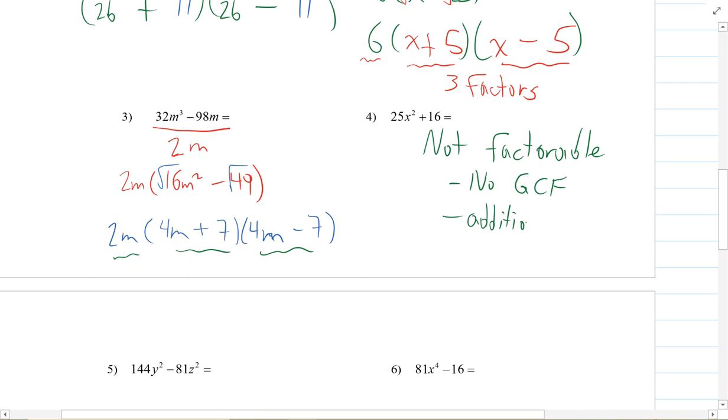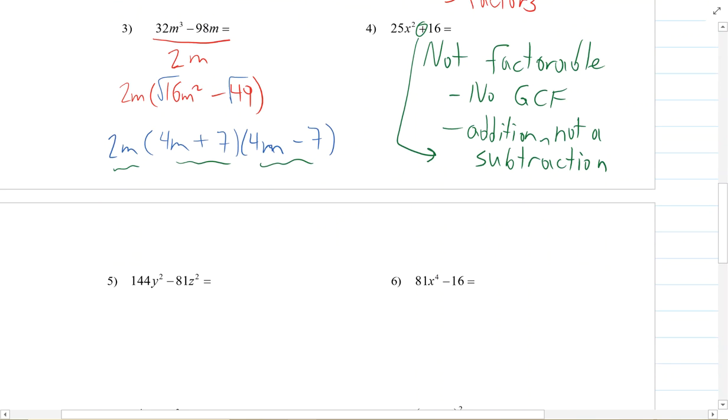And why does that matter? Because addition is not a subtraction. In order to have a difference of squares, it must be a difference, a subtraction. So because there is a plus sign and it needs to be a subtraction, it is definitely not factorable.